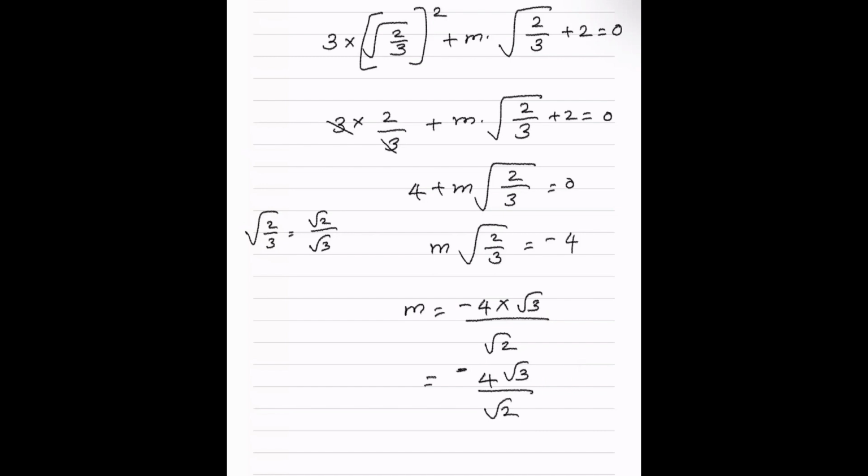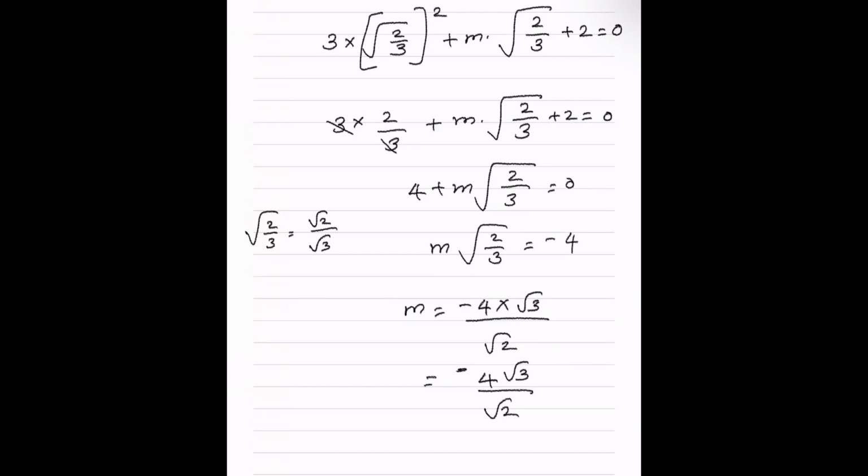But I don't want any irrational number in the denominator. It is not acceptable. You have to rationalize it. And how to rationalize when you have an irrational number in the denominator? What is the step to rationalize? Multiply with the denominator in this case. Otherwise you have to multiply with the conjugate.